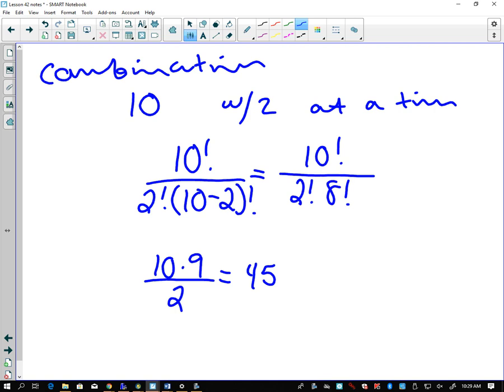Does this make sense? I'm kind of confused on how you get 9 from the 8. Like 10 and 8. Okay, let me show you. Let's do it in expanded form, because you weren't sure how I got 10 times 9, right?